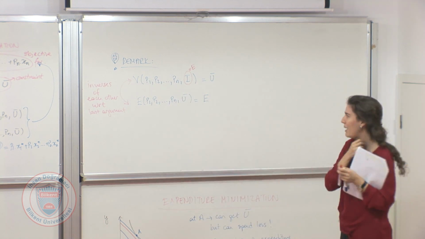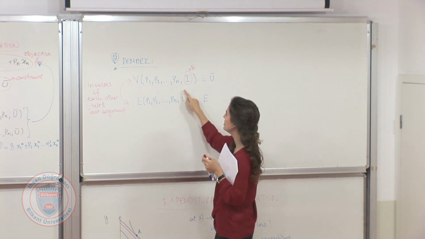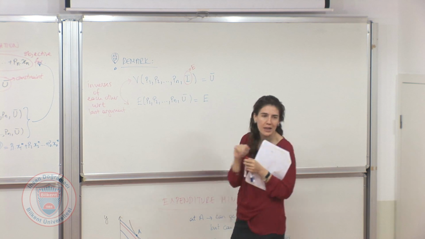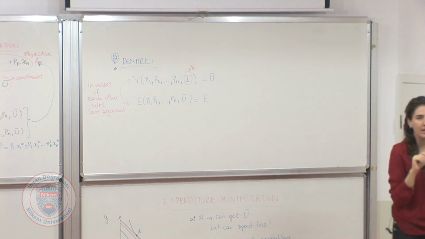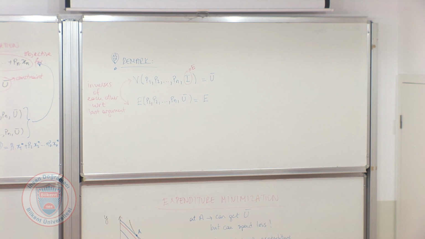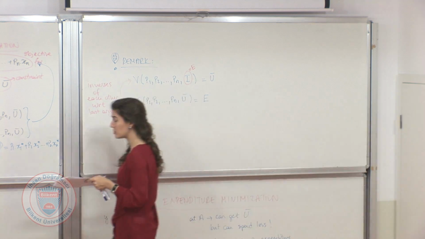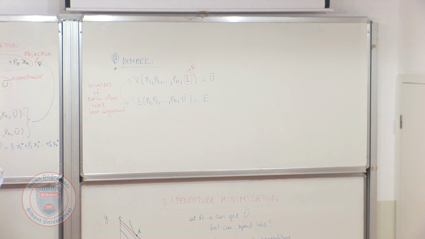And if you put this indirect utility function here, it's going to give you this expenditure. So these guys are inverses of each other with respect to the last argument. So just keep this in your mind.